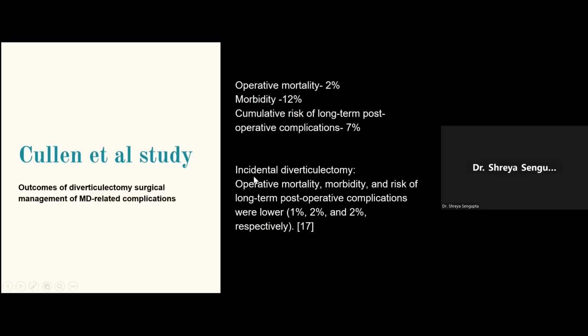But if we do an incidental diverticulectomy, which means there is no symptom, the percentages are almost similar: mortality is 1%, morbidity is lower at 2%, and risk of long-term complications is 2%.